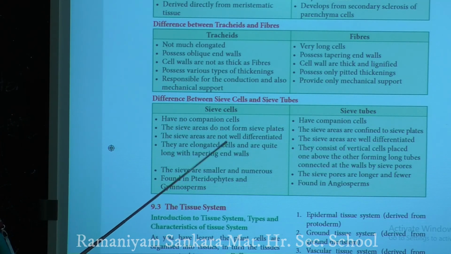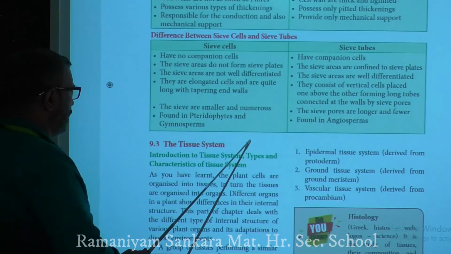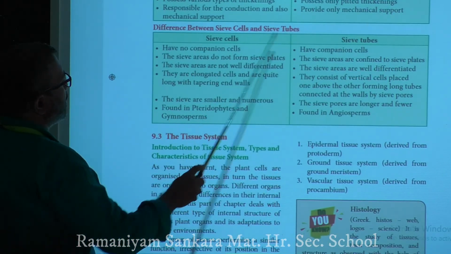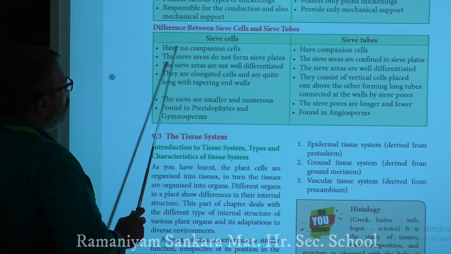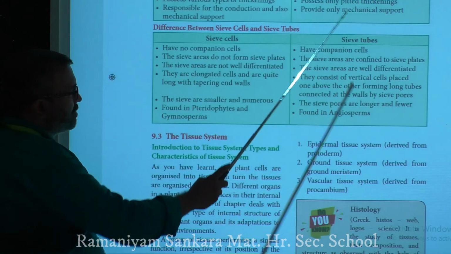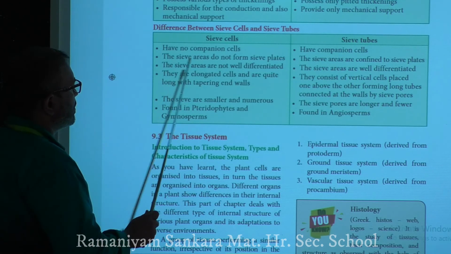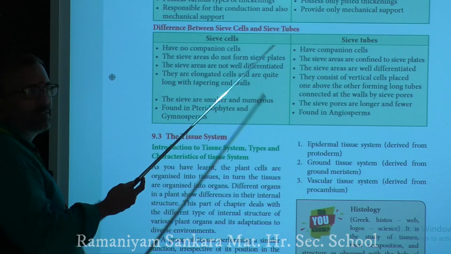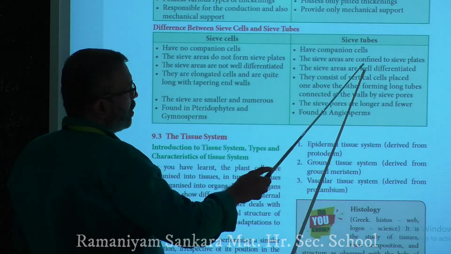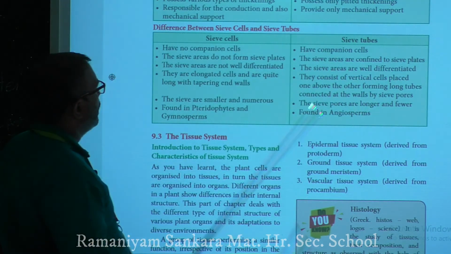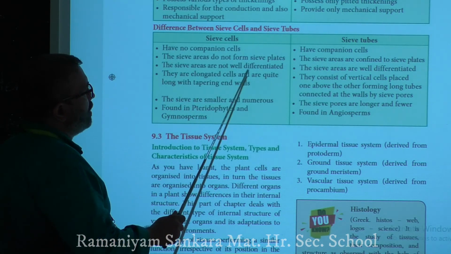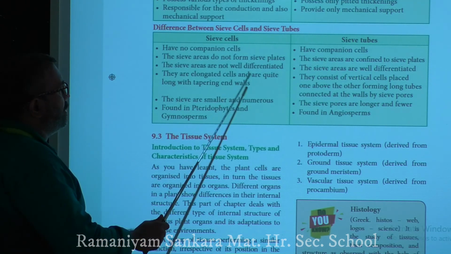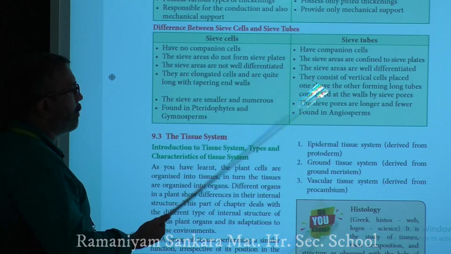Next one, sieve cells and sieve tubes. Sieve cells have no companion cells; sieve tubes have companion cells. In sieve cells the sieve areas do not form sieve plates; in sieve tubes they form sieve plates. In sieve cells the sieve areas are not well differentiated; in sieve tubes they are well differentiated. Sieve cells are elongated and quite long with tapering end walls.